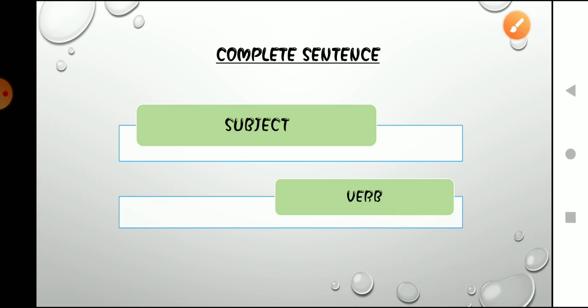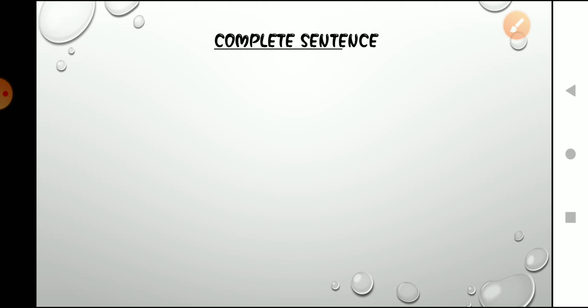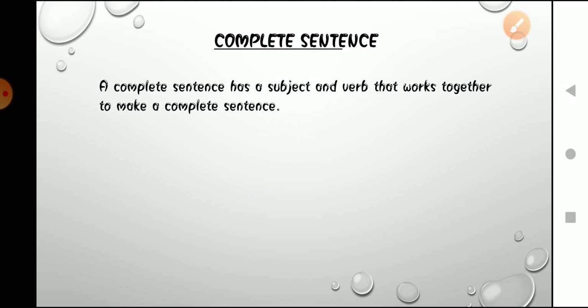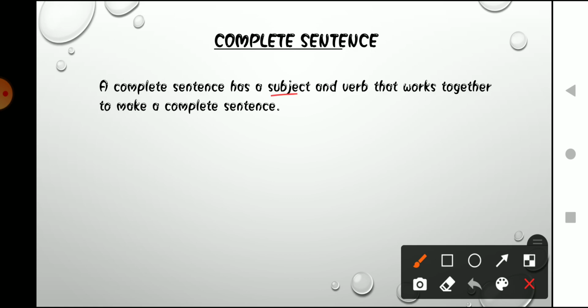Those are verbs. Now moving forward, a complete sentence has a subject and a verb that work together to make complete sense. So to say that a sentence is complete, there should be two things in it: first the subject and the other the verb, and together they form a complete sentence.